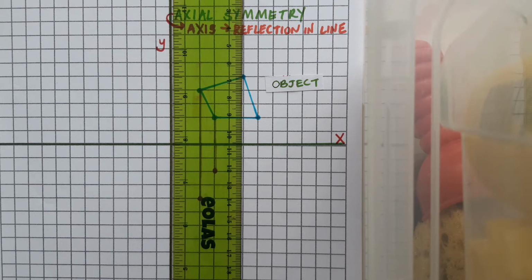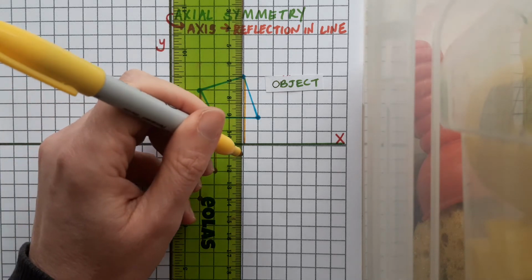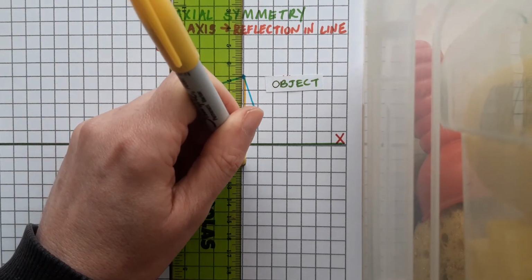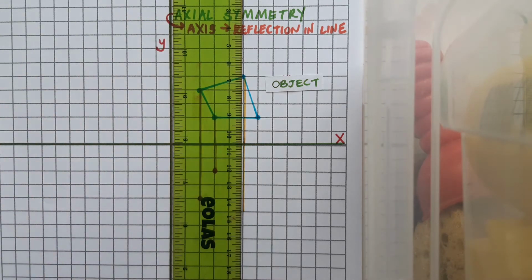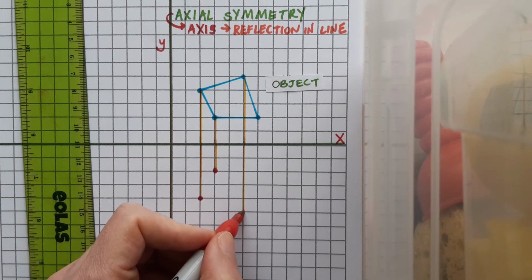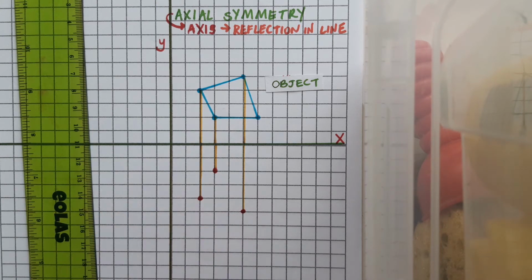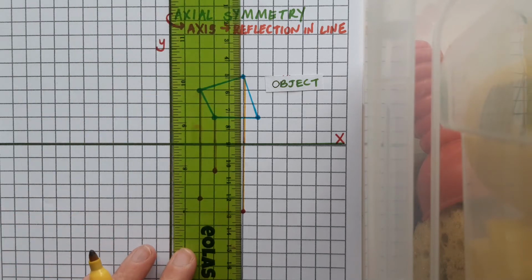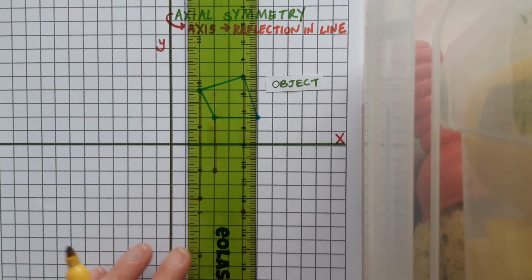I move to my next point. Same thing again. I see this time it's 5 spaces from the x-axis. So I draw my line to the x-axis and then 5 out on the far side also. And again, I mark my image vertex. Finally, last vertex was a distance of 2 from the axis.